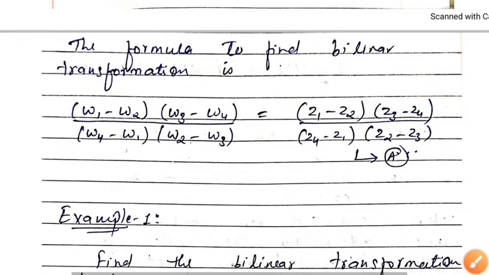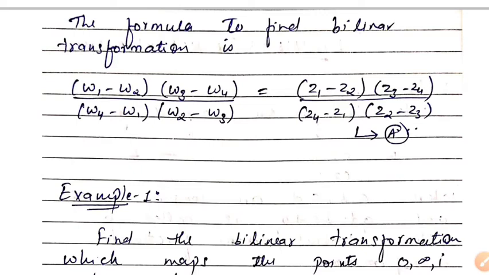Now let us move towards the formula to find bilinear transformation. See, this formula you need to remember always, right? W1 minus W2 into W3 minus W4 upon W4 minus W1 into W2 minus W3.